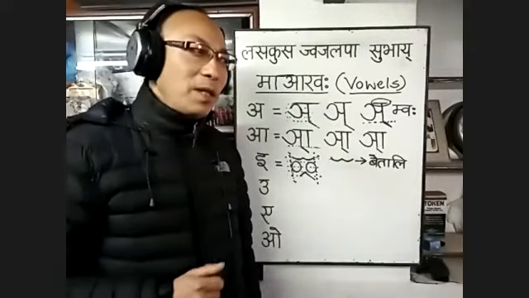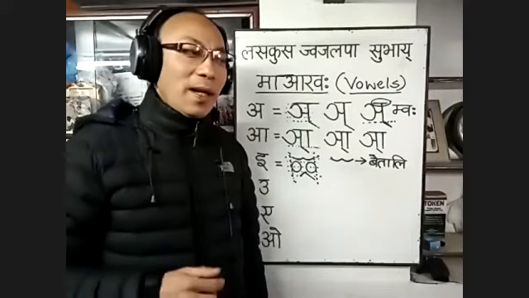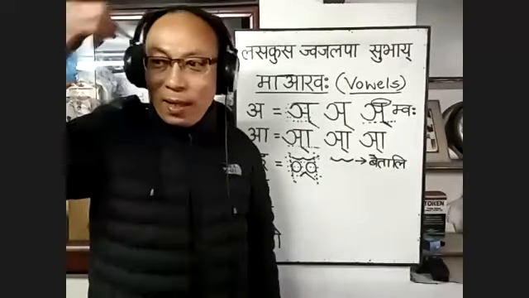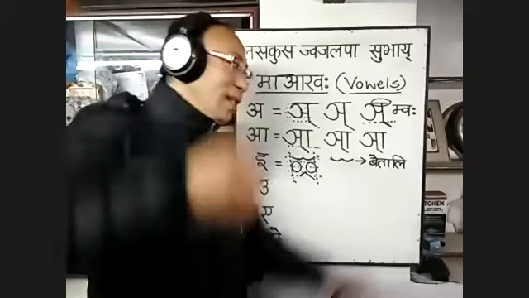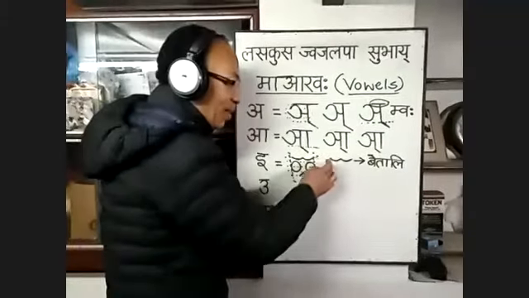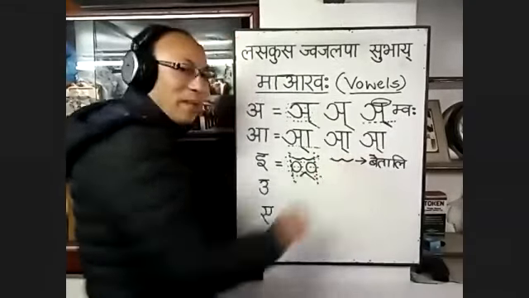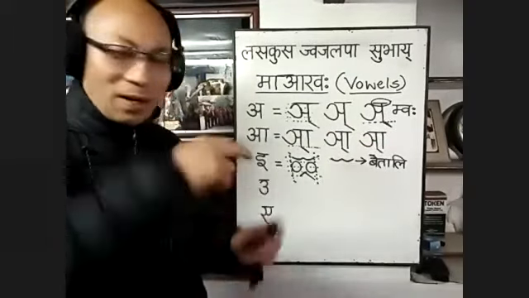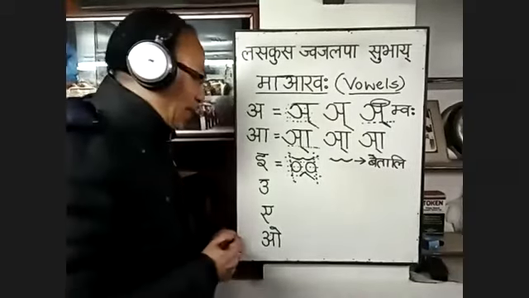If you have visited a function of the Newars, you might have seen some people wearing white clothes around their head, binding their head with the white clothes. You might have seen that, right? That is known as betali. So this is also at the head. Since it is not a straight line, it is not a mo. That's why we call it betali. Mo is the straight line. The betali is somehow a curved line. Okay. So u.